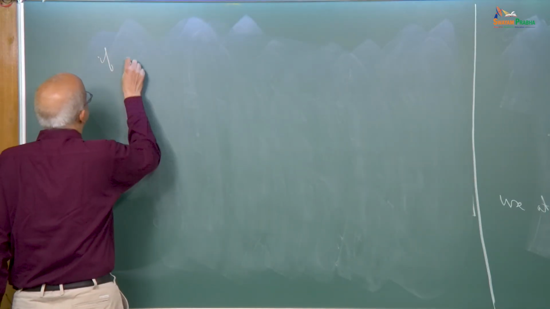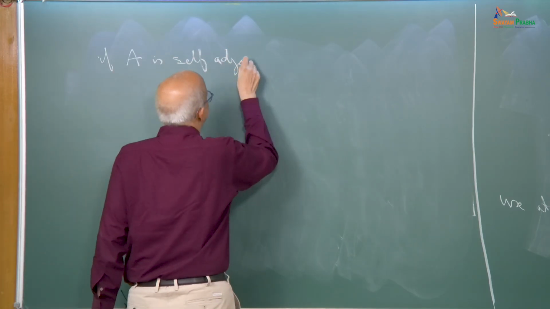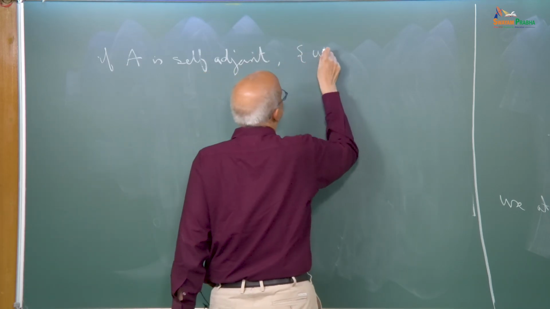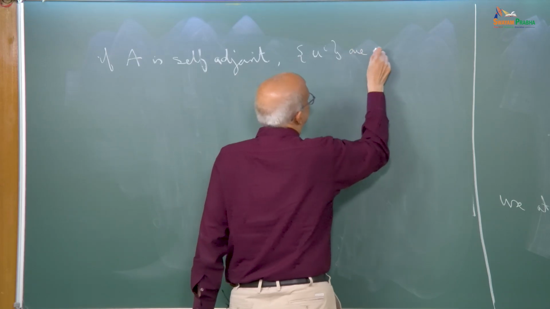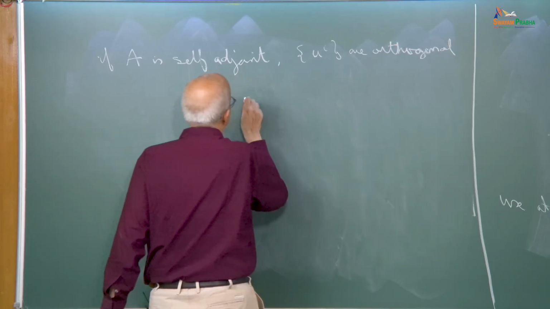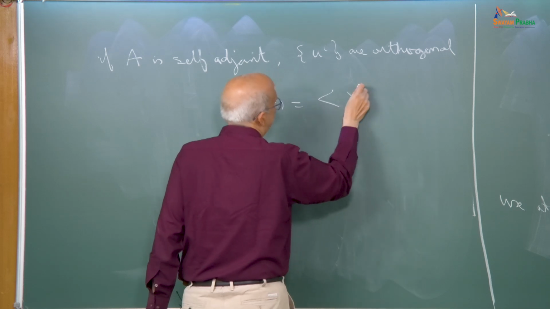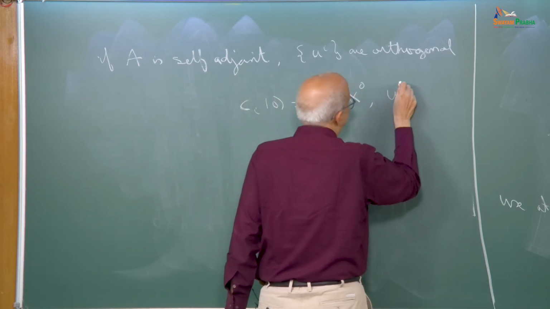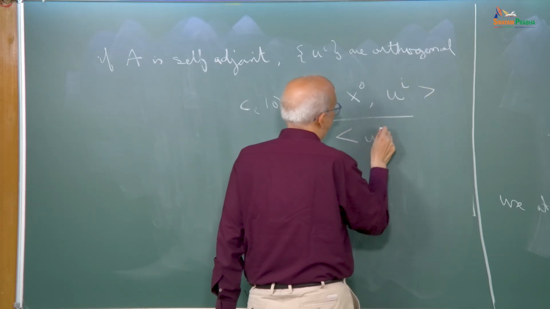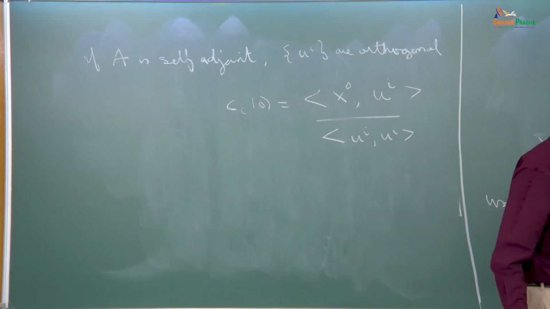If A is self-adjoint, the ui's are orthogonal, and therefore Ci(0) will be inner product of x naught with ui divided by inner product of ui with ui.